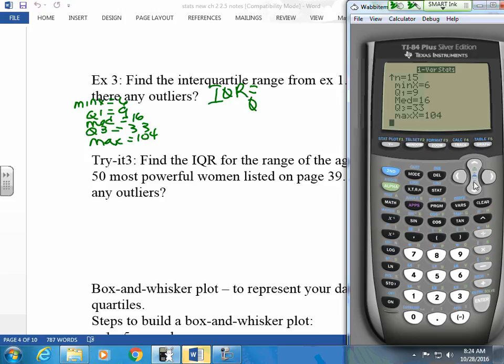It's quartile 3 minus quartile 1. So quartile 3 is 33, minus quartile 1 is 9. So when we get this, we get 24. If we take 24 for interquartile range, the only 2 Q's you see out here, take the 2 Q's.